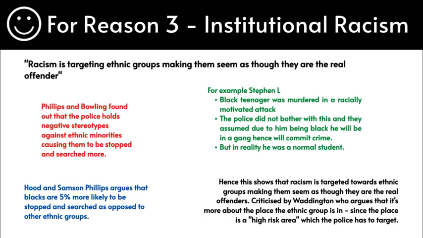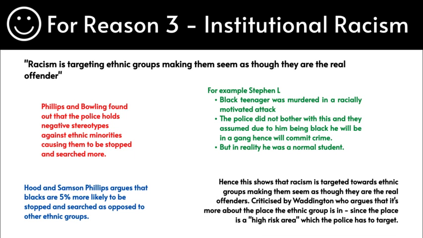So it is simply that an ethnic group, for example a Black ethnic minority, is going to a place which is labelled as a high-risk area. As a result, the police have to stop and search them because in that area, the criminal and deviant activity rate is very high. So this can be seen as a valid criticism.